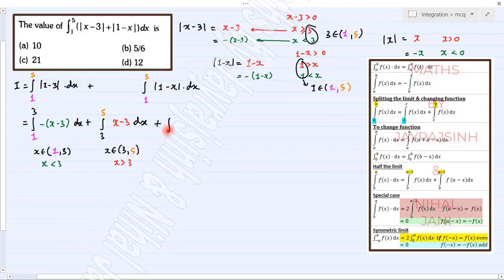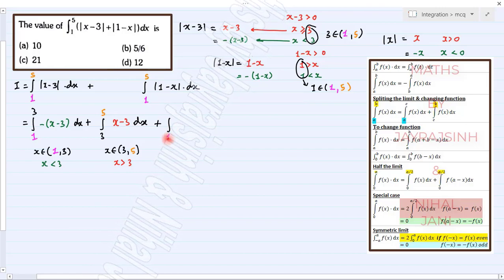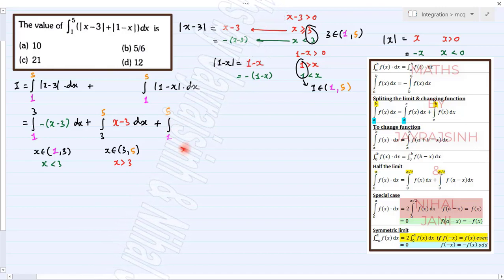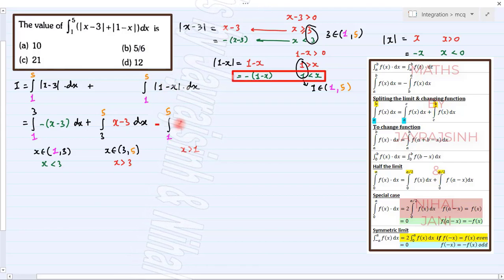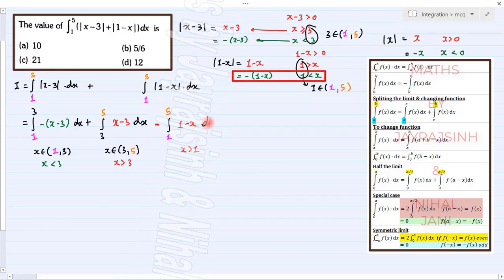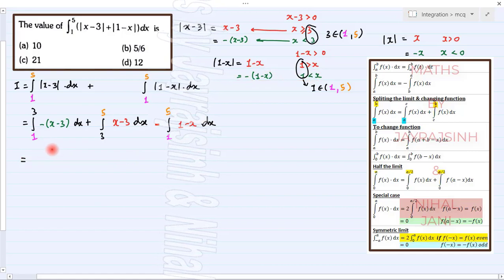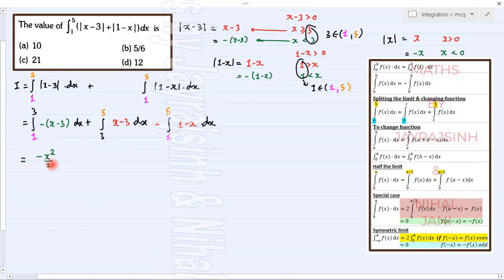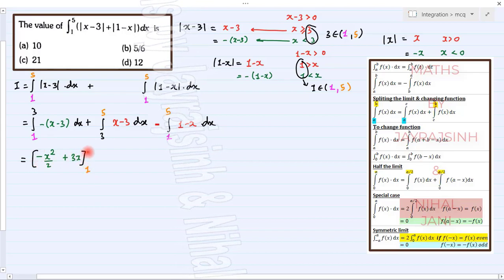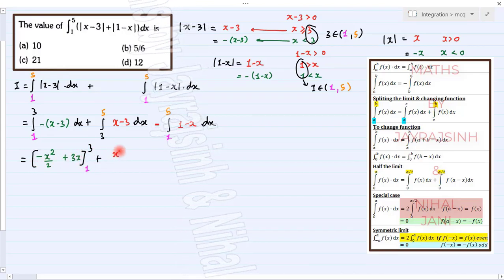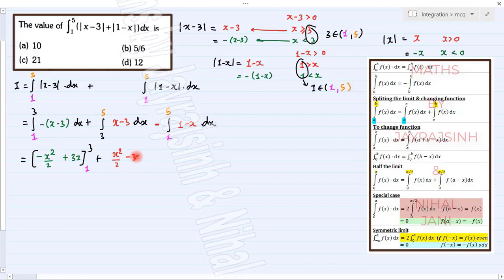So during integration from 1 to 5, x will be greater than 1. So mod 1 minus x will be 1 minus x. Now we just have to integrate. We will get minus x square by 2 plus 3x. Limit is from 1 to 3. Then x square by 2 minus 3x.